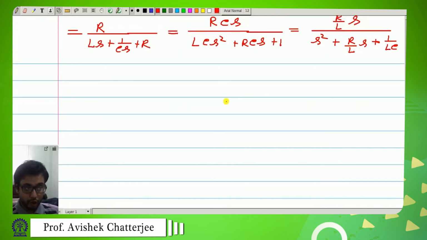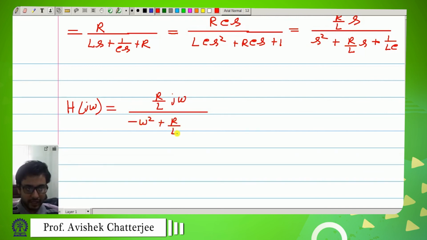Now we want to plot approximately the frequency response. So first we will write H(j omega), which will be equal to this expression with s replaced with j omega. So that is R by L j omega divided by (j omega) square, which is minus omega square, plus R by L omega multiplied with j, plus 1 by LC.